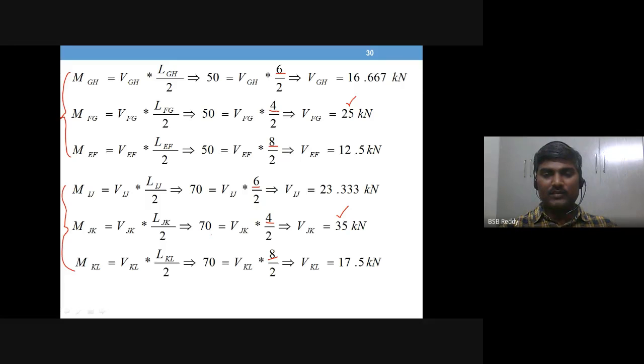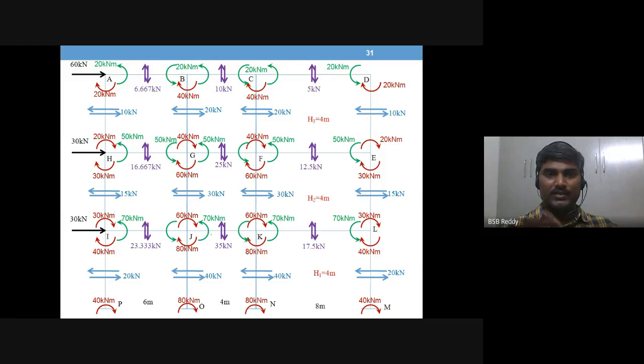it in the diagram. Answer representation is very important. So already there is a diagram with you representing step 1 answer, column shear, step 2 answer, column end moment, step 3 answer, beam end moment. Now step 4 solution is complete.